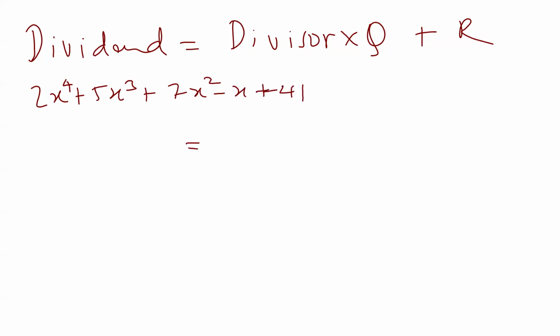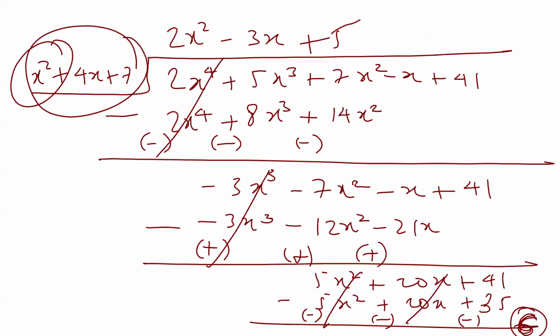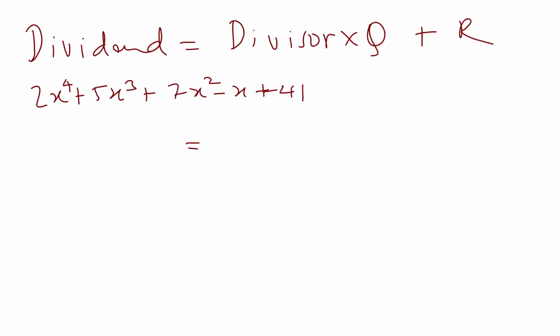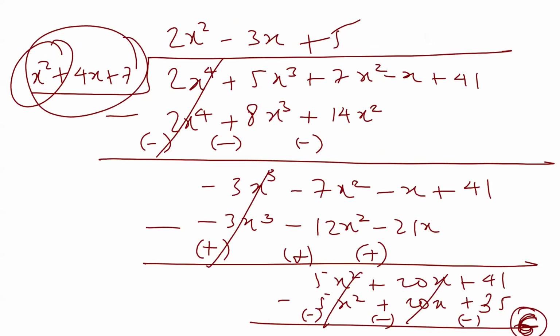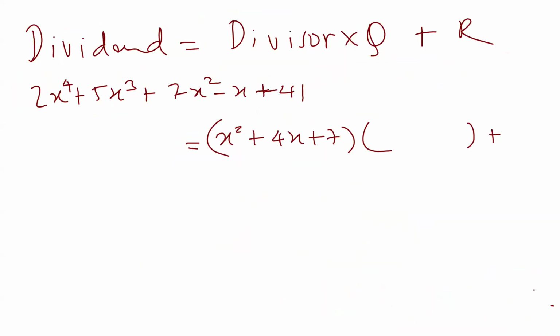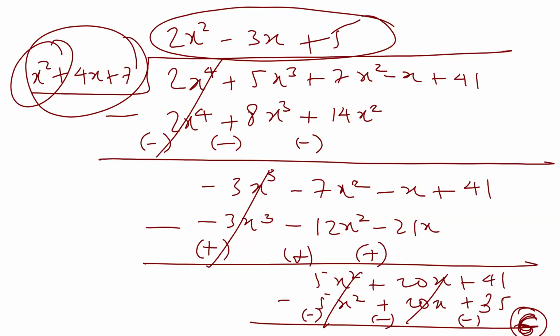Divisor we had taken as x square plus 4x plus 7, into the quotient, which from the long division is 2x square minus 3x plus 5, and the remainder is 6.